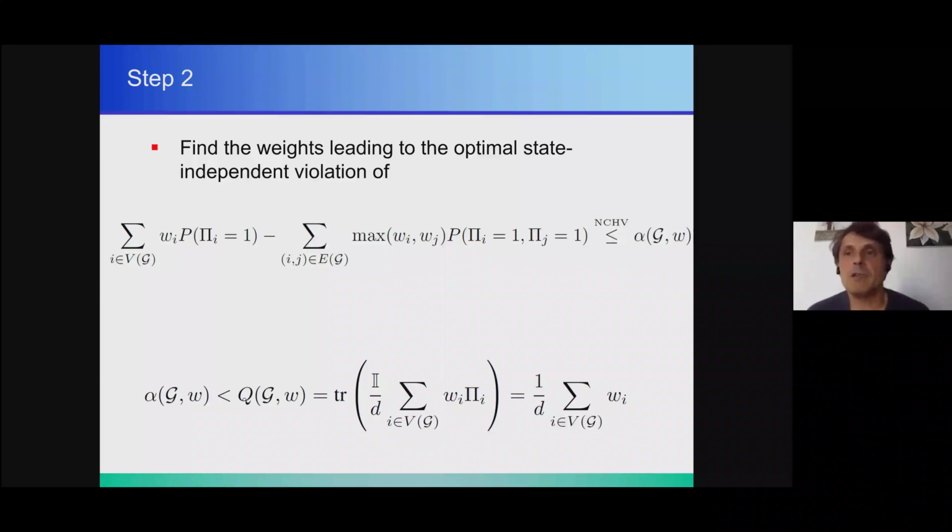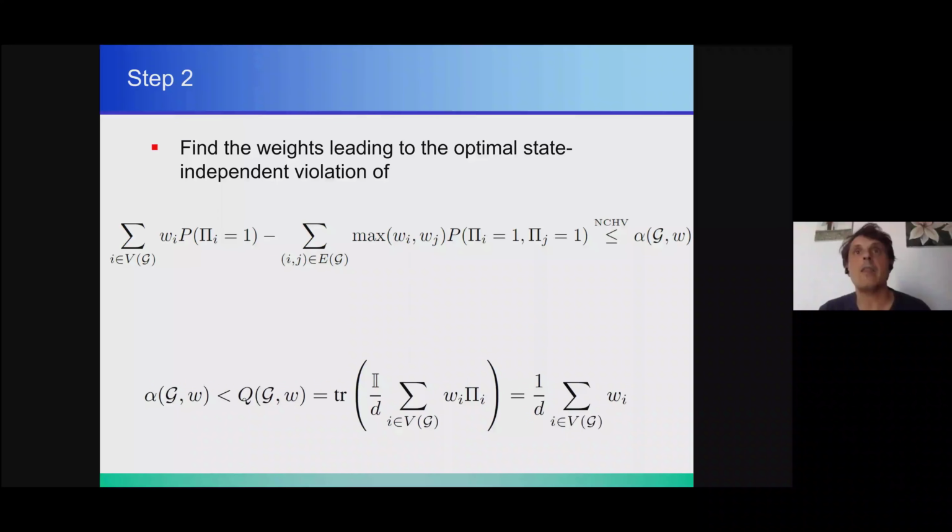Then the next example is to take the result of, with Matthias Kleinmann and Costantino Budroni, identify the weights that provide the state-dependent violation, and construct the corresponding graphical non-contextuality inequality, okay?